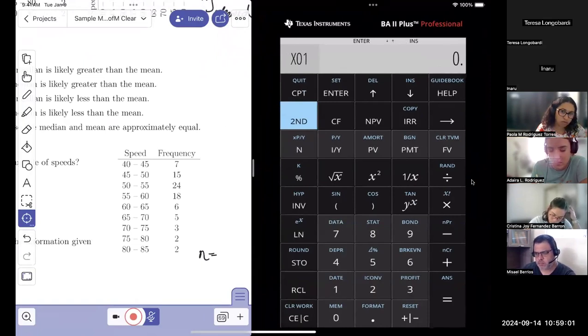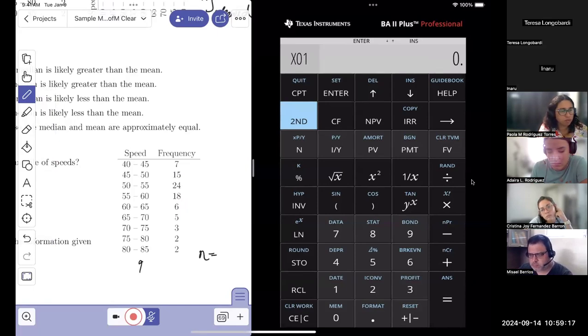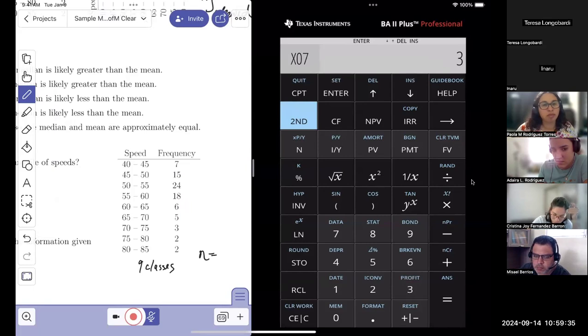I've got to clear that, and I'm going to put these values in just for the X. 1, 2, 3, 4, 5, 6, 7, 8, 9. There are 9 classes, right? So 7, enter; 15, enter; 24, enter; 18, enter; 6, enter; 5, enter; 3, enter; 2, enter, and 2.